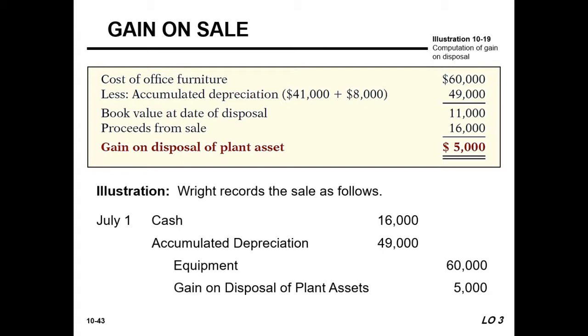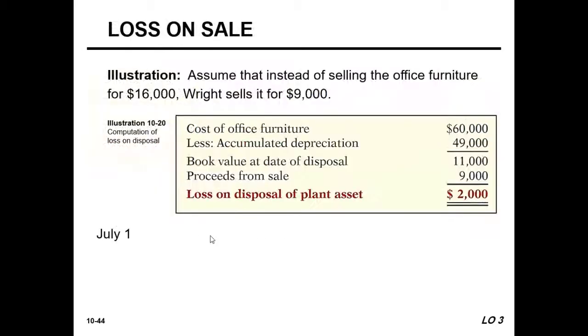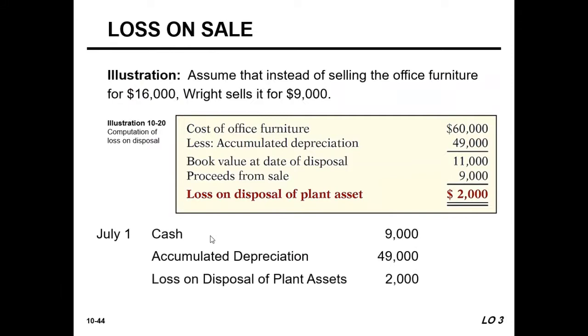If it is loss, it should be on debit side. Yes, thank you. If you have a loss, like the same question here, you may look at it yourself. I just leave it for you. Instead of selling for 16,000, you sell it for 9,000. Same question, same scenario. If you have loss, so it is like this one. Clear?